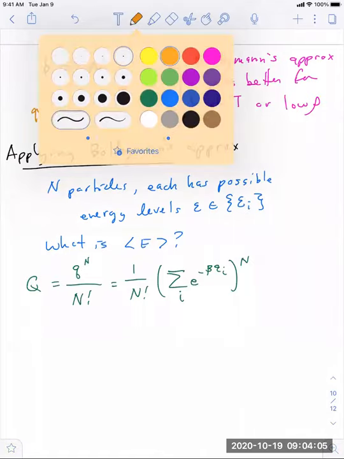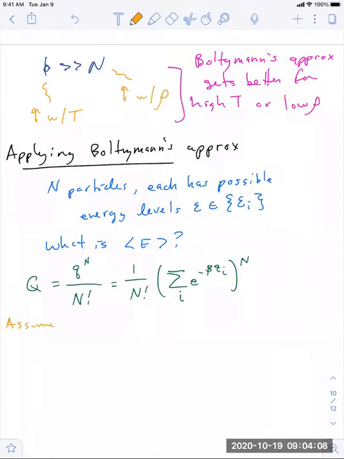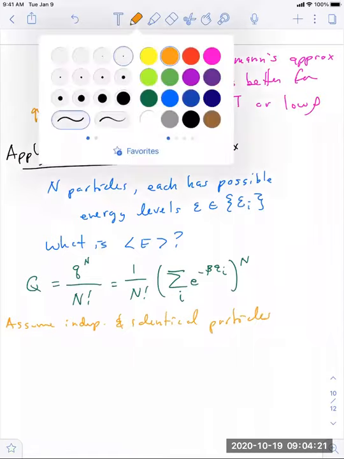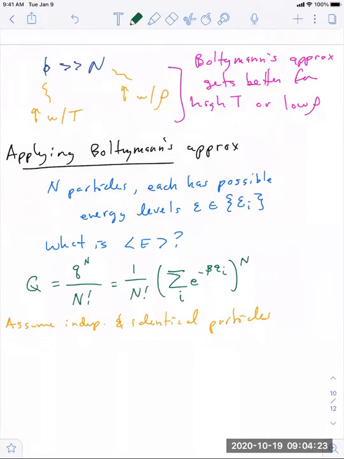So let's assume that these particles not only are independent, which is required for Boltzmann's approximation, but also identical. And then we can write that the average energy just equals the number of particles times the average single particle energy. So the total energy is just related to the average single particle energy.